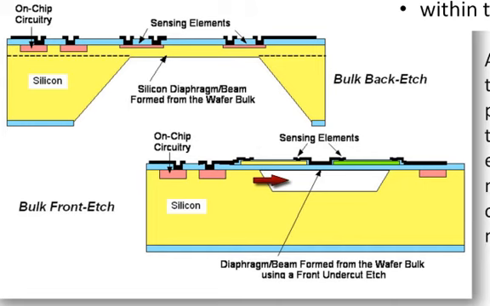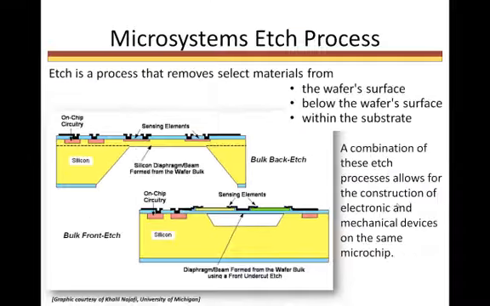Bulk etching created the opening underneath the sensing element in the bottom figure, as well as the back-etched cavity in the top figure. Using different types of etching processes allows flexibility in the construction of micro-sized devices, as well as the construction or fabrication of the supporting electronic circuitry.